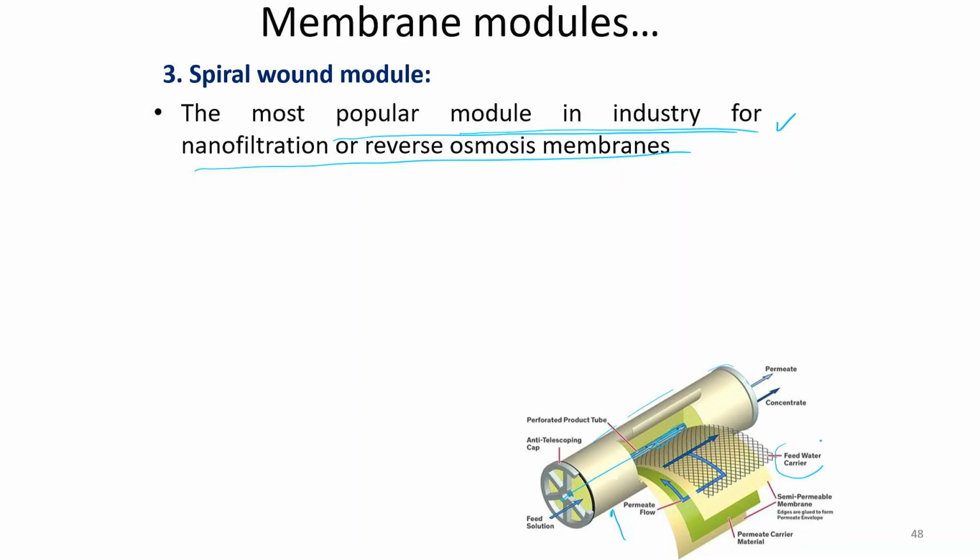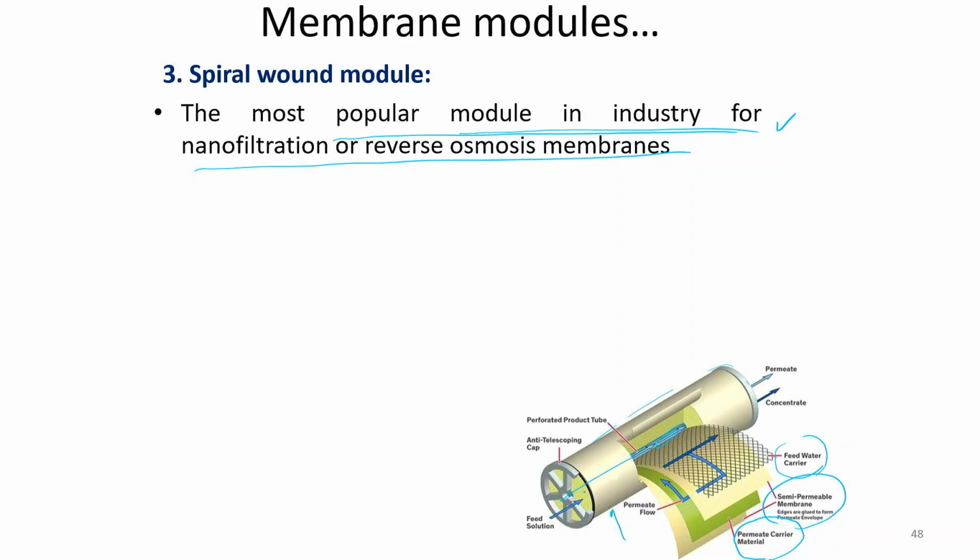So, there are different layers we can wrap: the feed water carrier, then the semi permeable membrane, and the permeate carrier material.